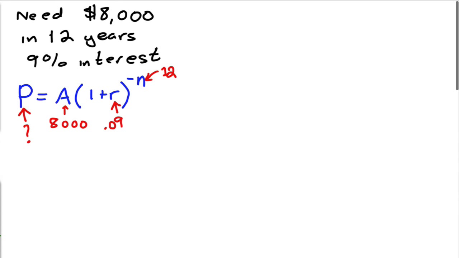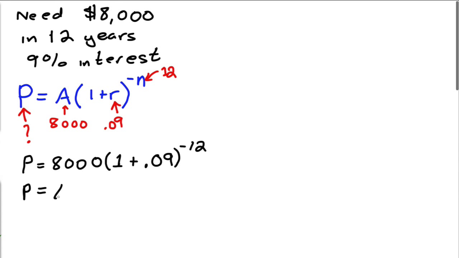If I do that, then I get that P is equal to 8,000 times (1 plus 0.09) raised to the negative 12. If I simplify inside of the parentheses, I get 8,000 times 1.09 raised to the negative 12.